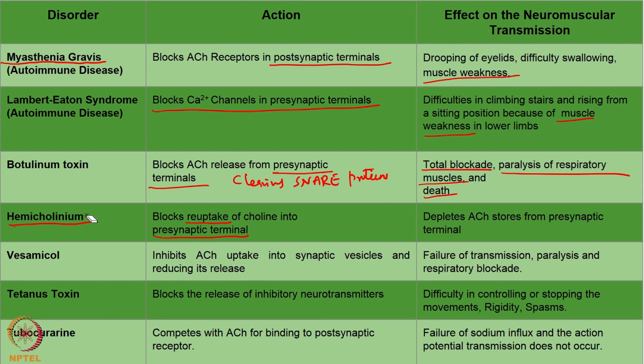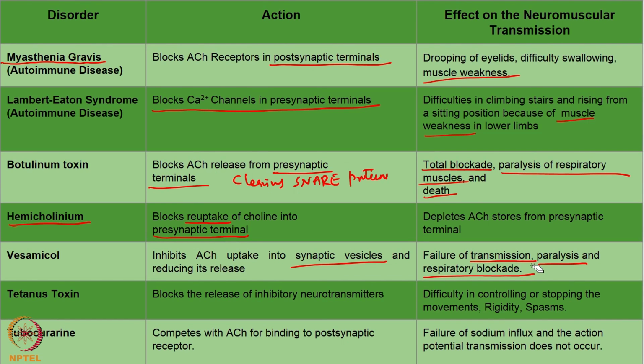Vesamicol inhibits acetylcholine uptake into synaptic vesicles; it blocks the packaging of acetylcholine into the vesicles, thus reducing the possibility of its release. Essentially this leads to a failure of neurotransmission, paralysis, and when it reaches the respiratory system, respiratory blockade.